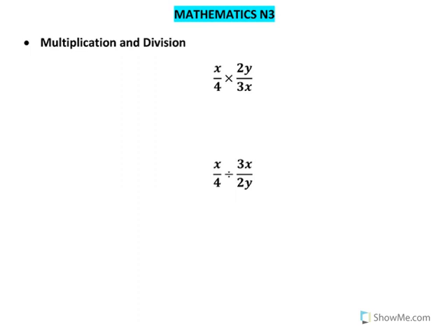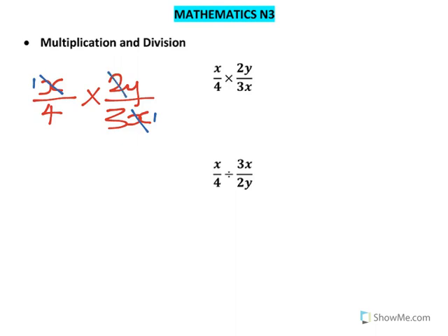We looked at this problem previously where you are multiplying or dividing. If you are given x over 4 multiplied by 2y over 3x, because of the multiplication sign, you can cancel the x's. x into x is a 1 there, and a 1 there.